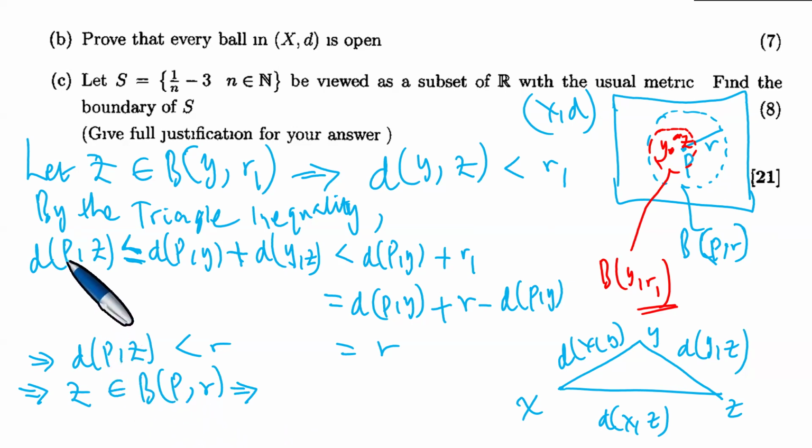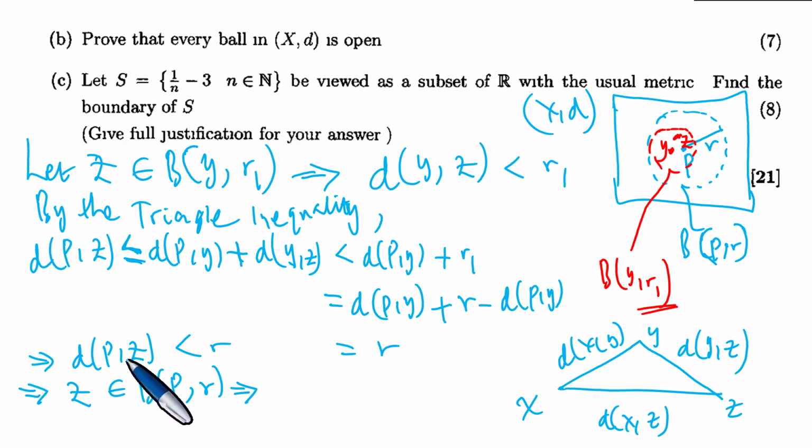This means that the distance between P and Z is strictly smaller than R, in turn because of this triangle inequality. In turn, it means that Z is an element of the open ball of center P and radius R.